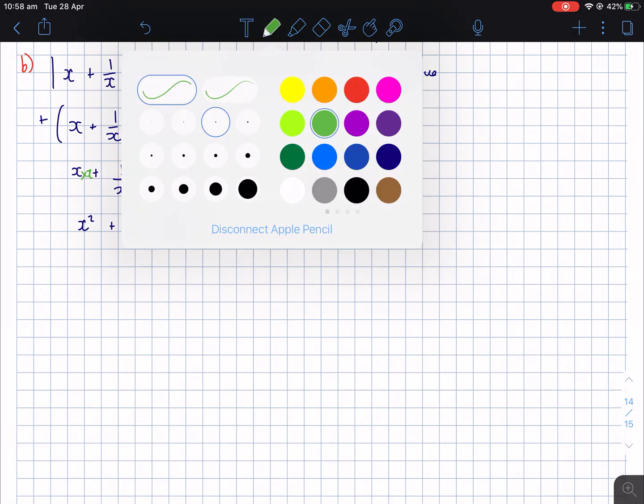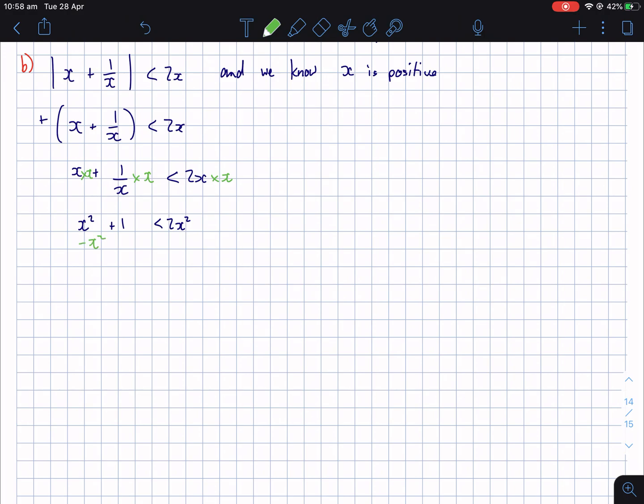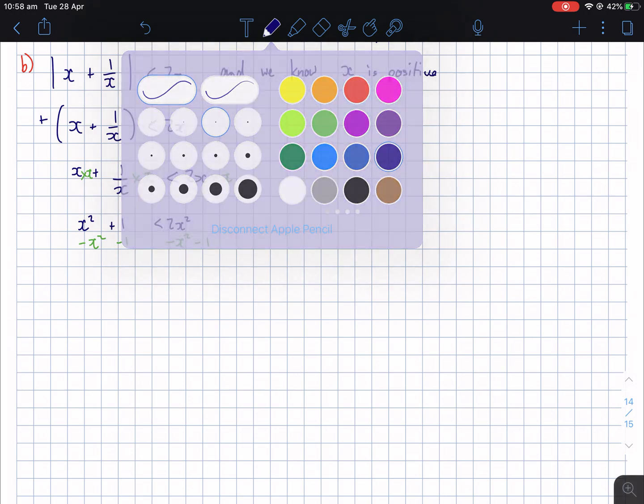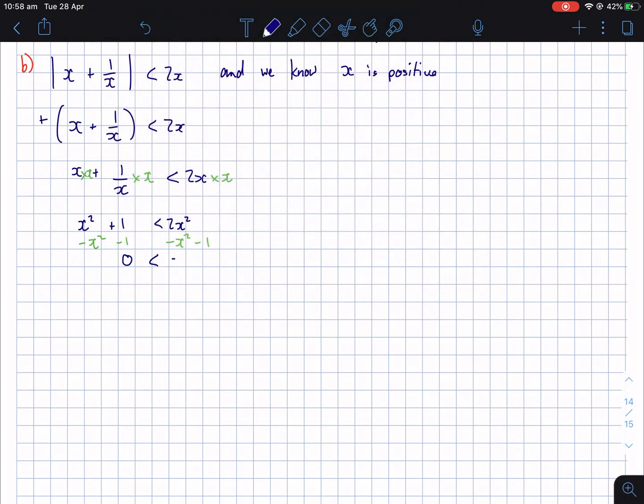Let's get everything over to the right. Let's subtract x squared and subtract 1. So on the left we get 0 less than x squared take 1. This is the same as x squared take 1 is greater than 0. And this is (x take 1)(x plus 1) is greater than 0. So if we sketch it, minus 1, 1, it's going to look like this.